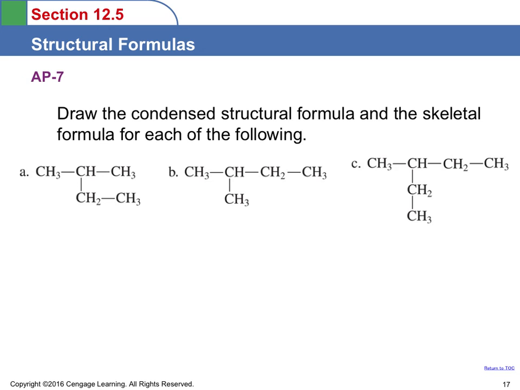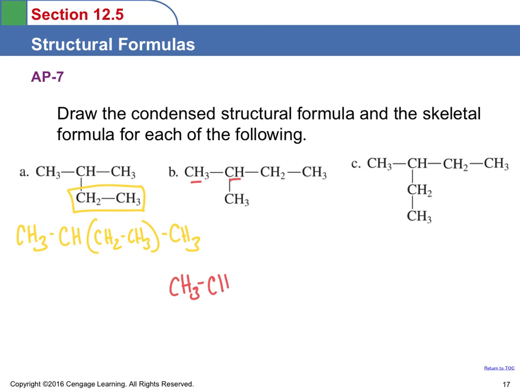So we're going to draw our condensed formulas as well as skeletal formulas for each of these structures. So we've got CH3, followed by a CH, and then this group is branched, so it's going to go in parentheses. And then back up to the main chain, we have another CH3. If we look at B, we're going to start with CH3, attached to a CH.